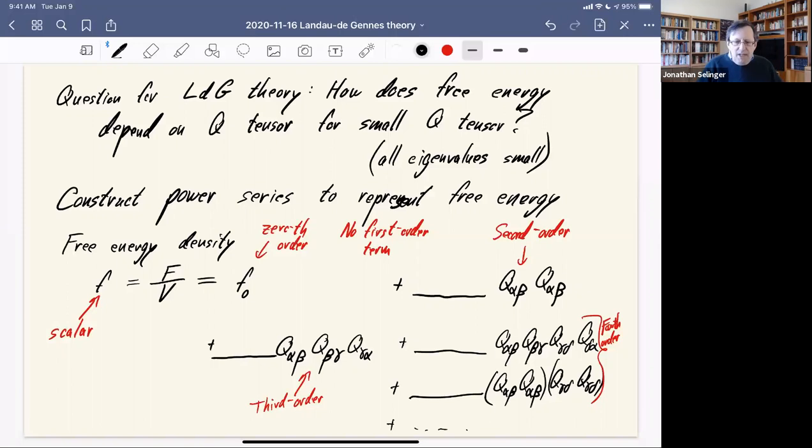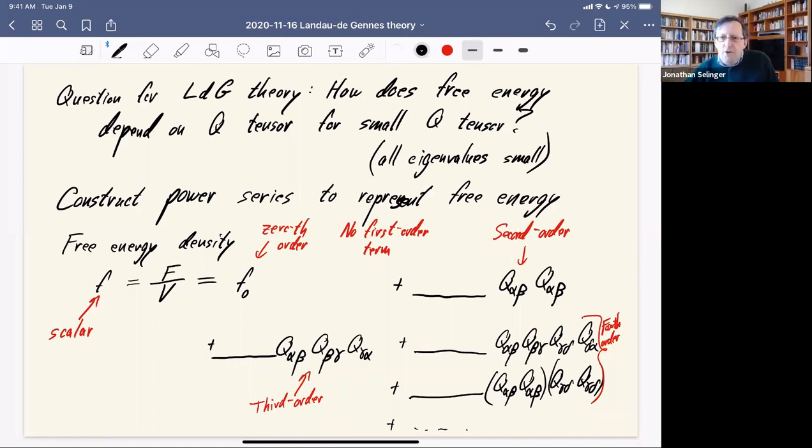So we got started with the macroscopic theory, which is called Landau de Gennes theory. And that's what I want to follow up on today. Okay, so what I am showing here is the last slide on the whiteboard from last week.